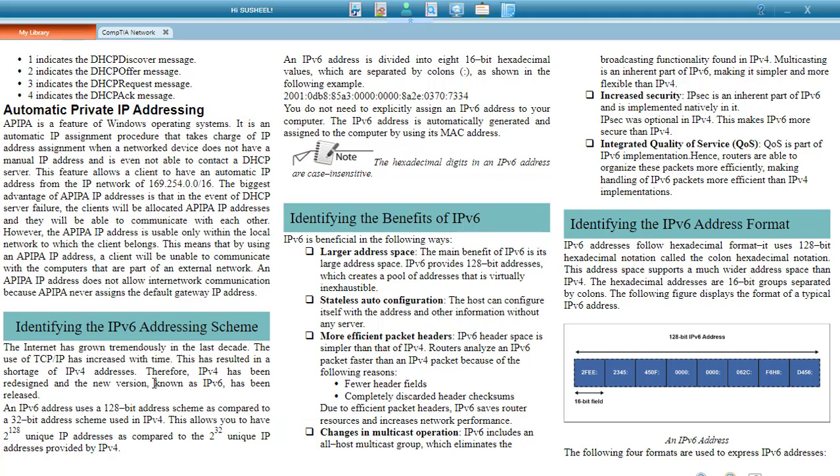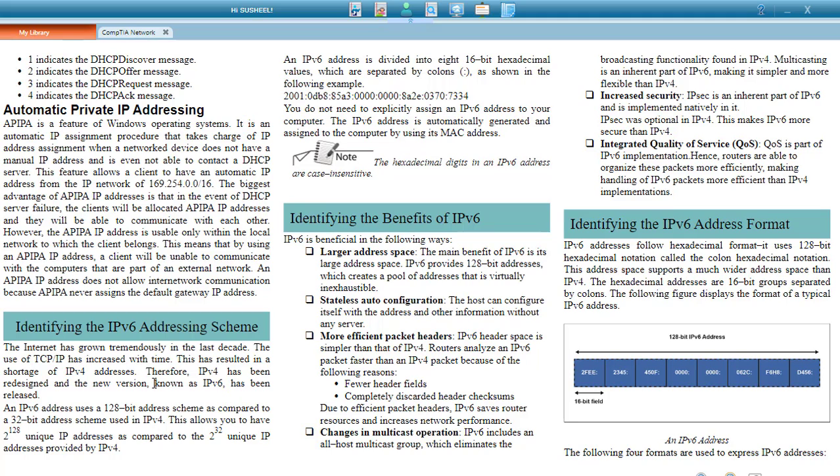Identifying the IPv6 addressing scheme. The Internet has grown tremendously in the last decade. The use of TCP/IP has increased with time. This has resulted in a shortage of IPv4 addresses. Therefore, IPv4 has been redesigned and the new version, known as IPv6, has been released.